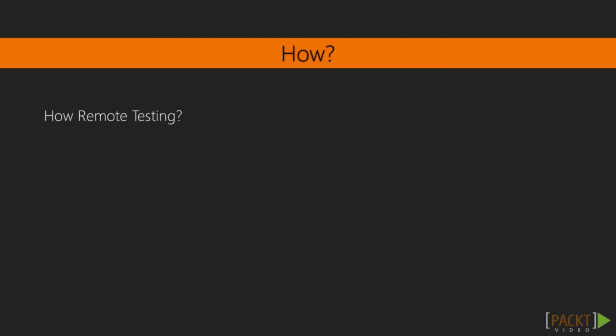Now let's talk about how. You can write your test as usual with your page objects and assertions to get this done. But instead of instantiating a local browser, you will need to instantiate a remote browser. You will have to tell the remote driver where to find the remote system and the capabilities you want. The capabilities define the expected browser and operating system.